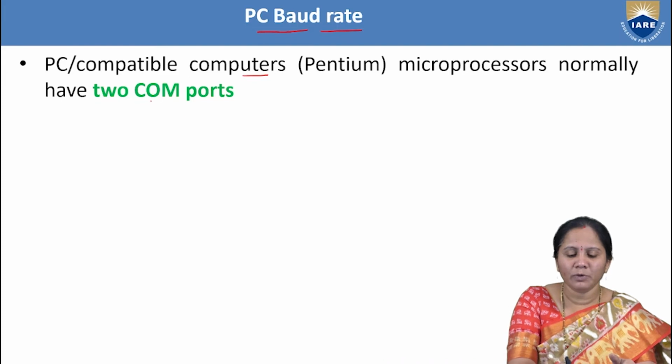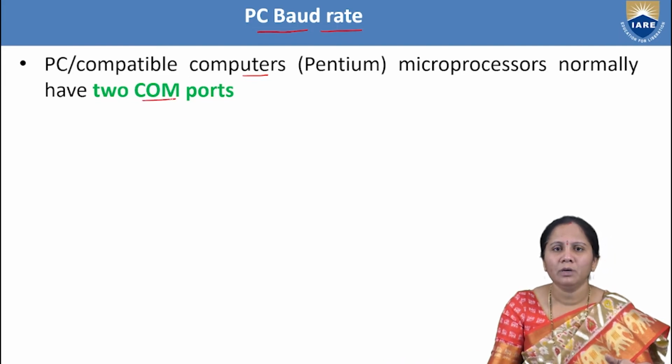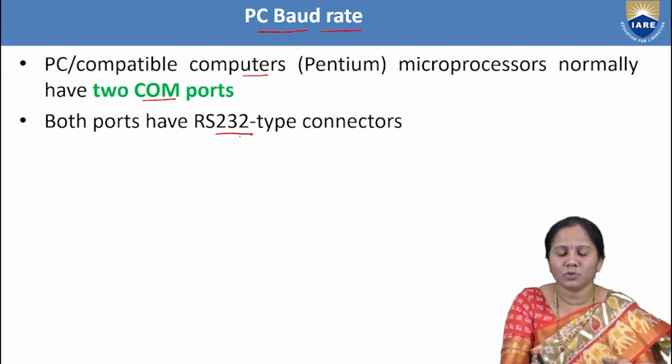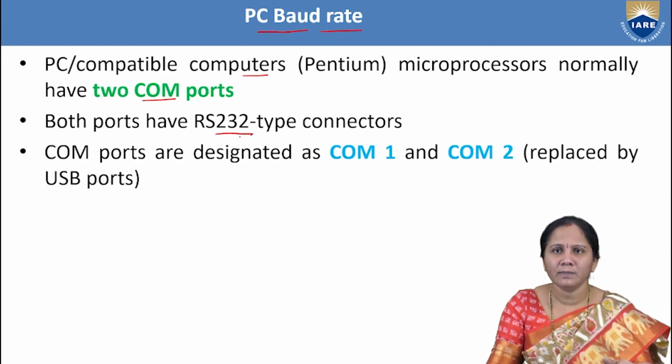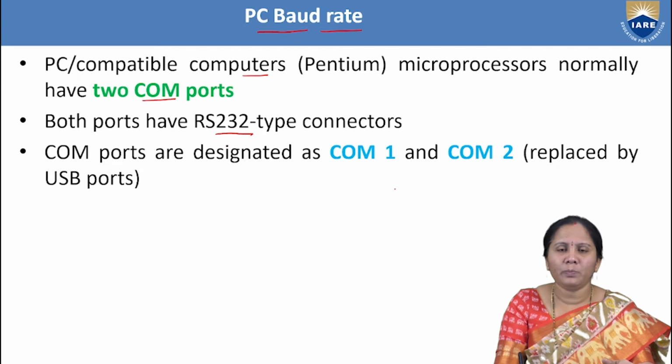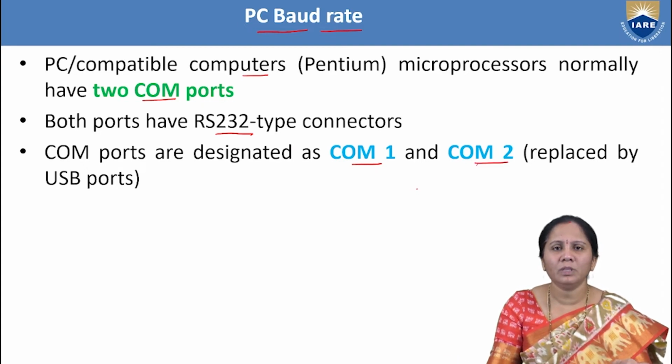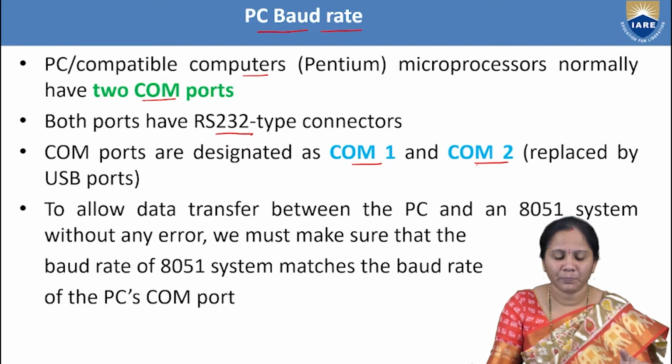Normally, those computers will have 2 ports. Both the ports are RS232 type connectors. What are the 2 ports? COM ports, designated as COM1 and COM2. But nowadays, these ports are replaced with USB ports.